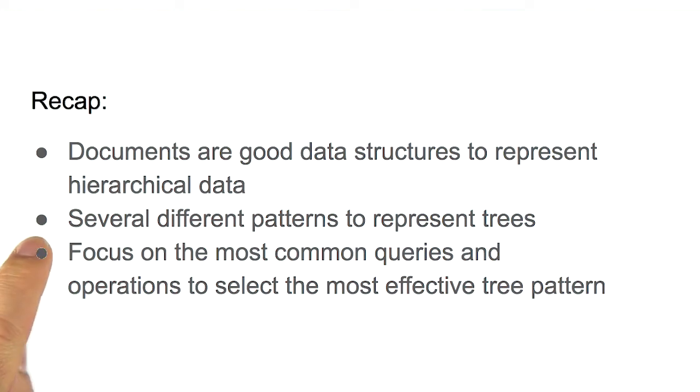There are several different ways to represent nodes of a tree using documents, and you can even use a combination of different patterns in your model. The choice of which patterns you use should be based on the most common operations that your application will be performing, and optimize for those, choosing the best pattern that allows you to do the most efficient queries on that particular application.